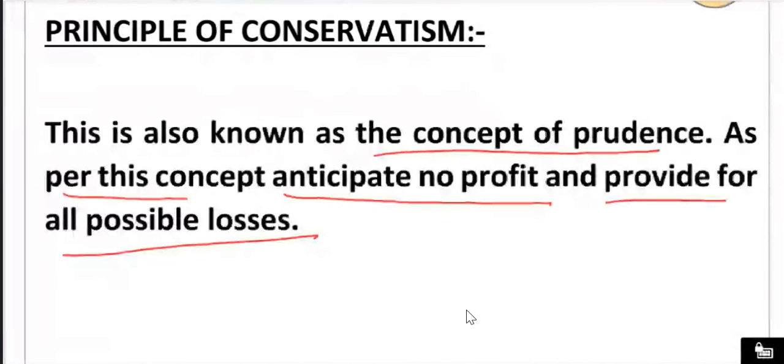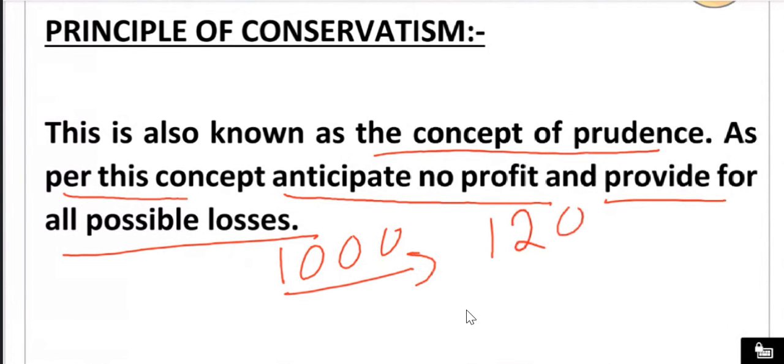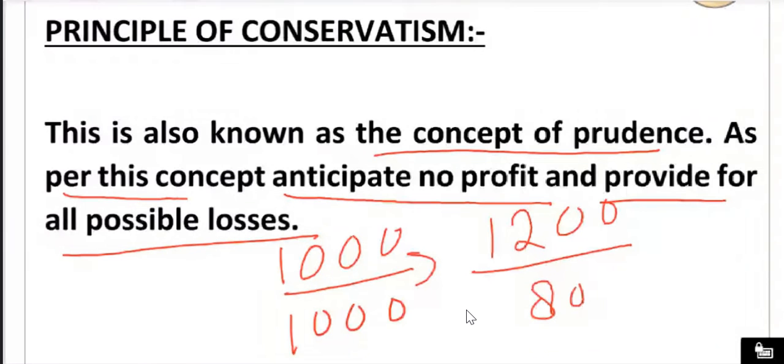Let us suppose you are manufacturing and selling two commodities. In the future, the cost of one commodity is going to increase due to some market condition, let's say to 1200. For the other commodity, the cost is going to decrease.